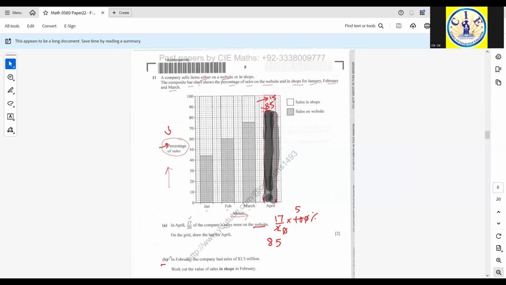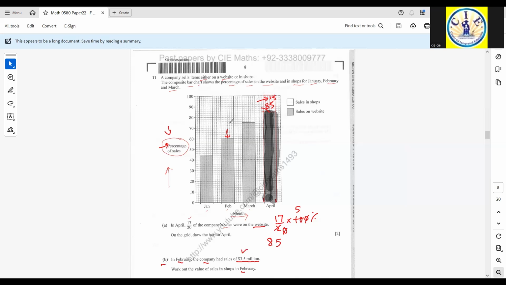In part B, in February, the company had sales of $3.5 million. Work out the value of sales in shops in February. The total sales were 3.5 million.